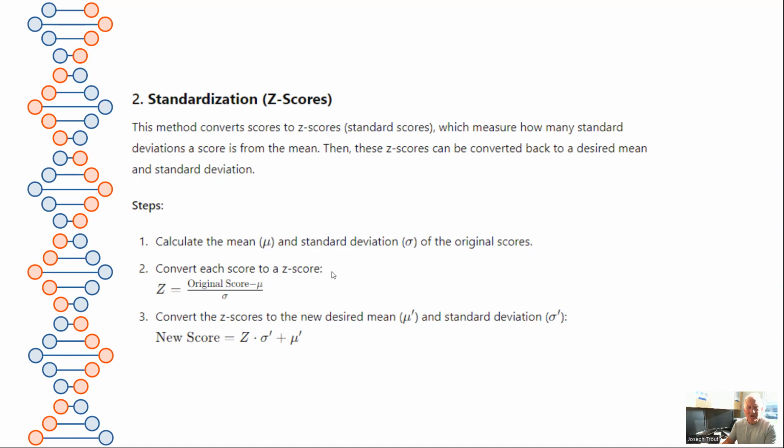And you convert all the scores. So you take your score minus the mean and divide by the standard deviation. And then you decide what you want the mean to be and what you want the standard deviation to be. And you take the z-score, multiply it by your new standard deviation, and add the new desired mean.